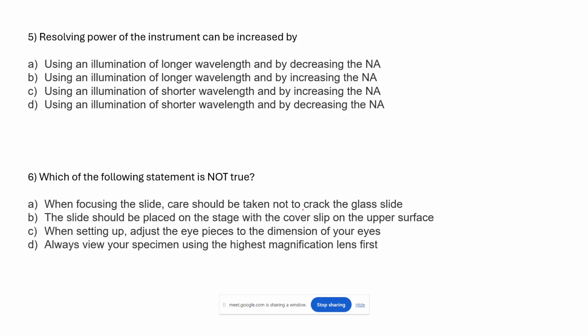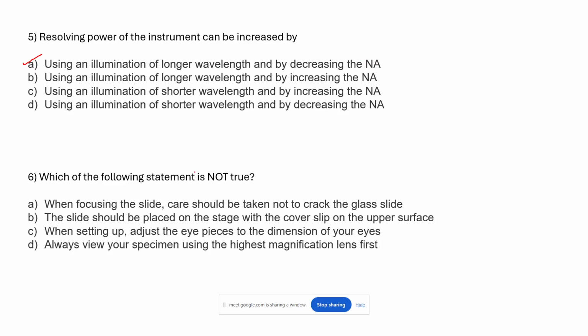If the numerical aperture is smaller, then we have seen the formula we used in our last numerical, where sine theta is equal to numerical aperture divided by n. So using these two things, the correct answer for this question will be option A: using a longer wavelength and decreasing the numerical aperture.